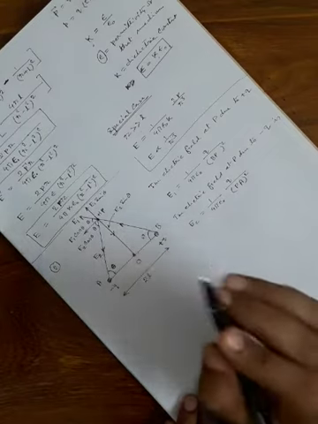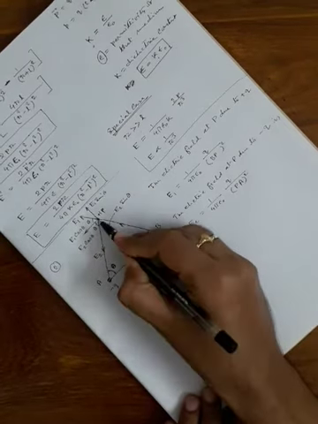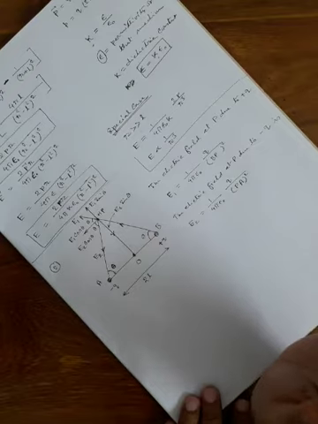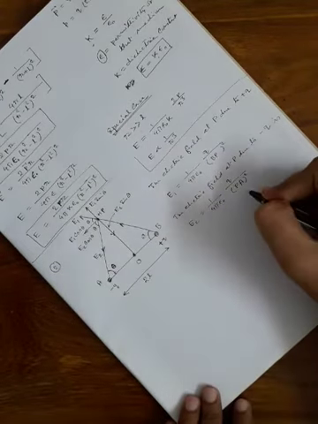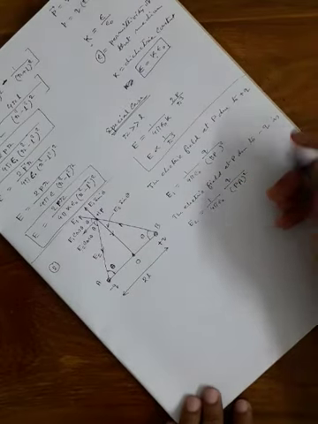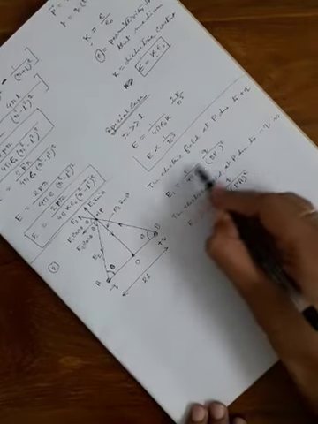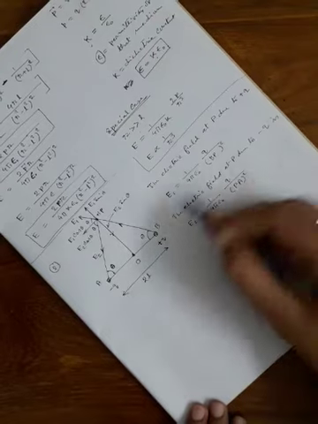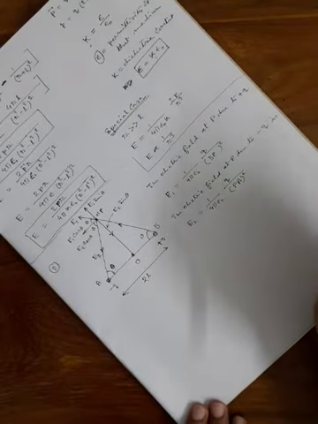Look at the triangle carefully. This length and this length are the same, so BP and PA are equal. So the magnitude of E1 and E2 will also be equal.